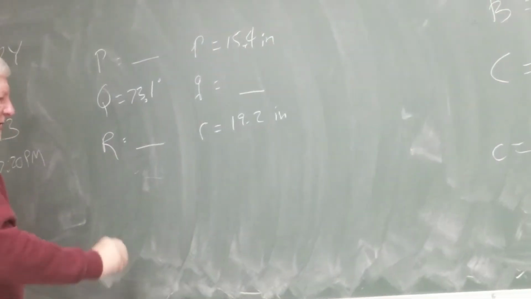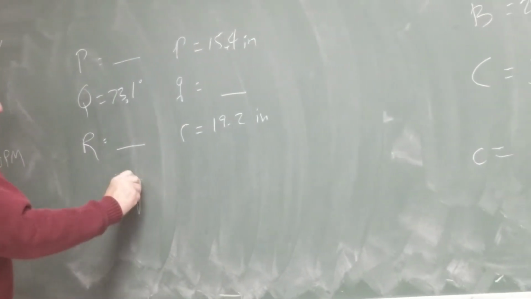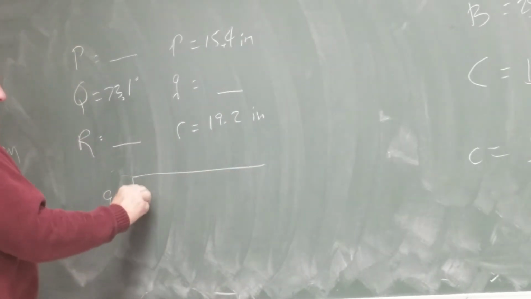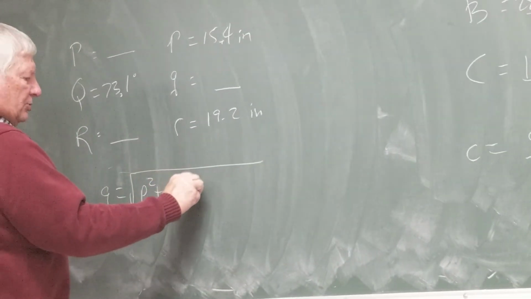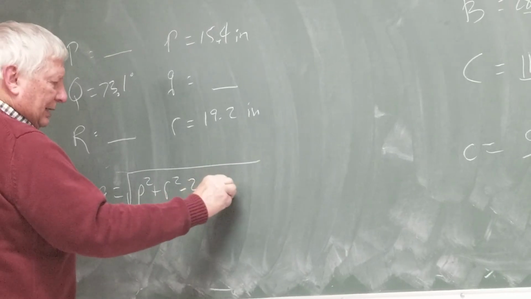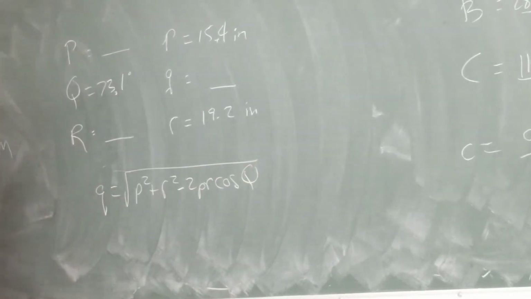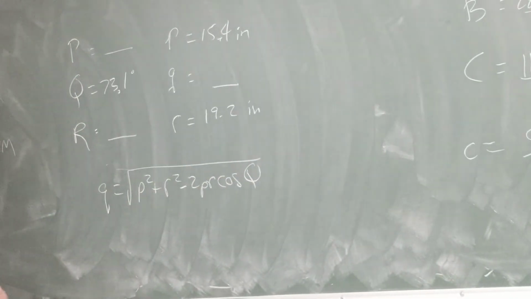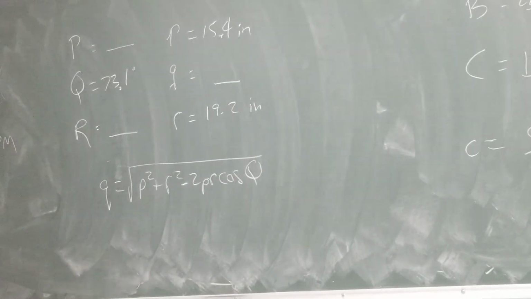First, we go for side Q. Side Q equals square root of P squared plus R squared minus 2PR times the cosine of Q. So throw those in the calculator.